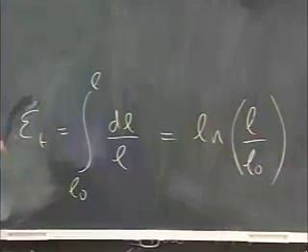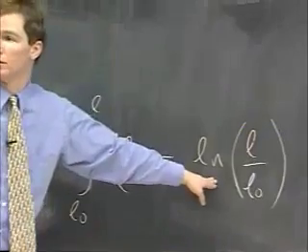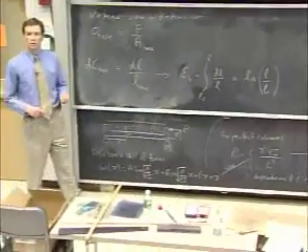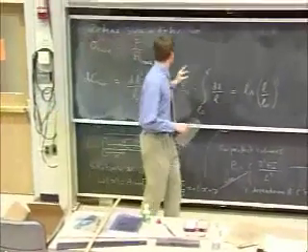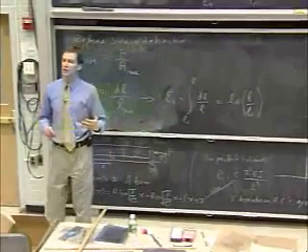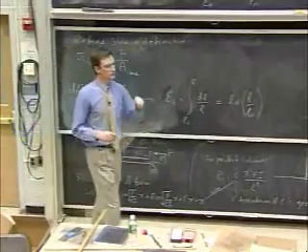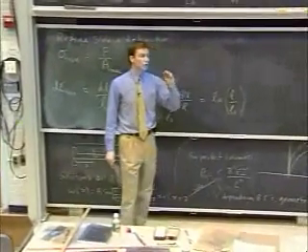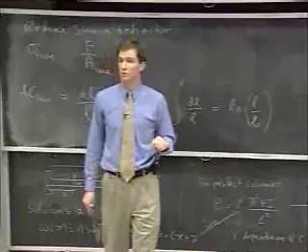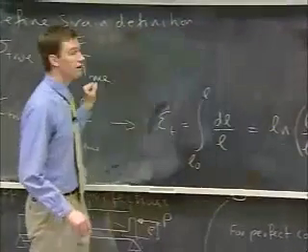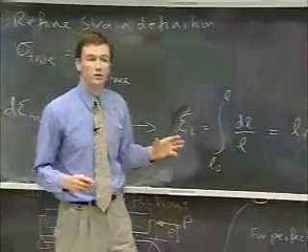Sometimes true strain is called logarithmic strain because of that. One further thing we can do to tie these two ideas together is to note that in plastic deformation, unlike elastic deformation, volume is conserved. The change in length and the change in area are related because volume is conserved.